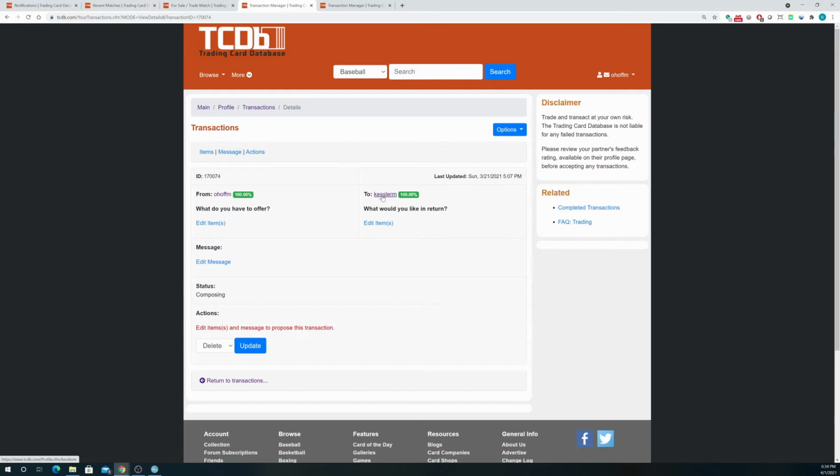So I would just put my one card up and then try to find whatever cards would work, and once I'm done with the right amount on their side, then I send the trade. So this one has a lot on both sides, so we'll just start here.